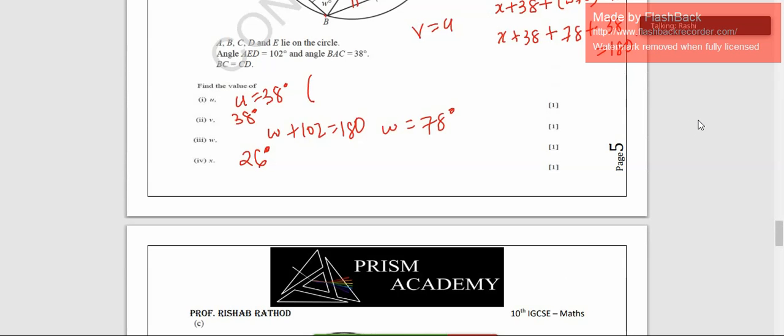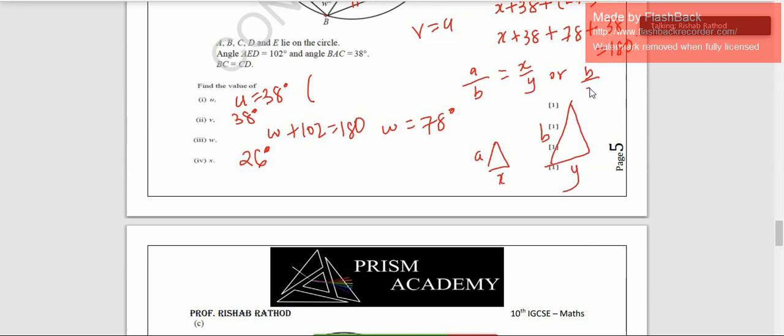But they have to be the same, corresponding. Suppose if this is a triangle with sides X, Y, A and B. So A by B is equal to X by Y, you can write. Or B by A equal to Y by X. So they have to be corresponding. You cannot write A by B equal to Y by X. According to your choice the scale factor will change.